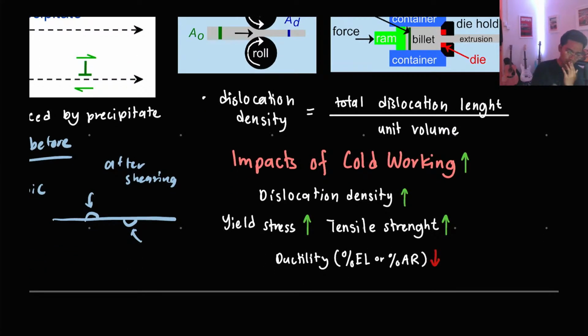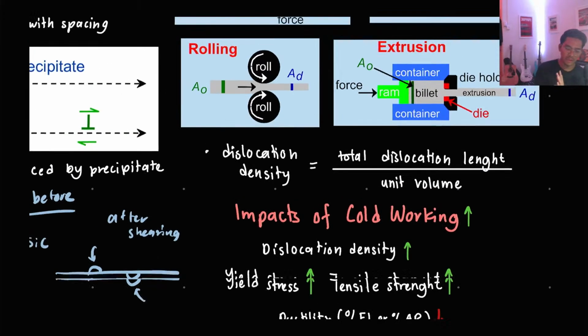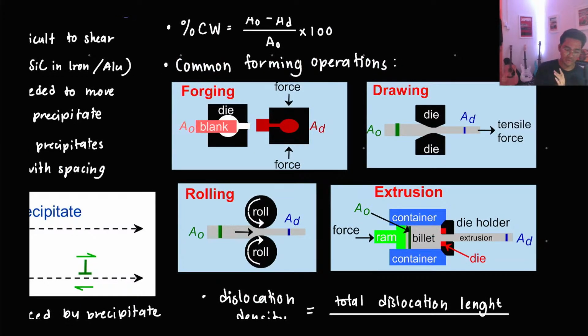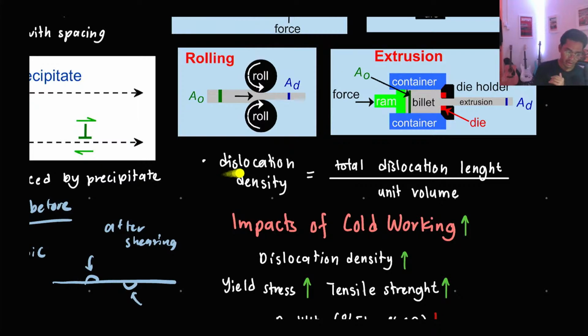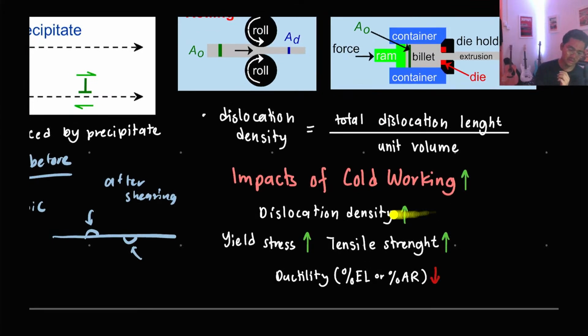So what actually happens in the structure of the material when we physically deform it? It would change the dislocation density. So what does that mean? It means that the total dislocation length per unit volume is increased.